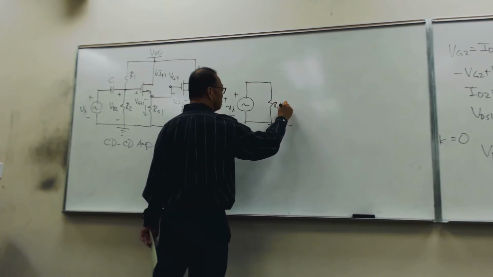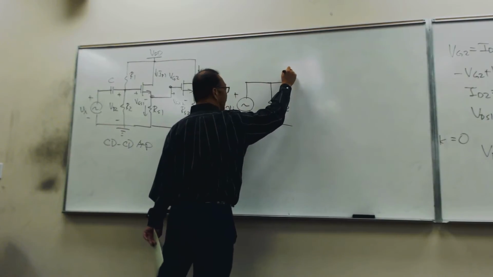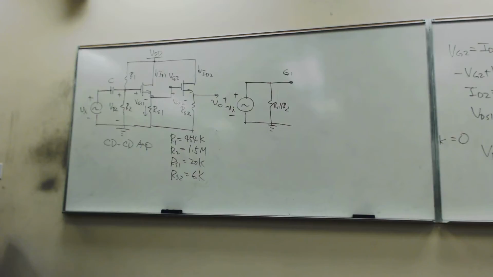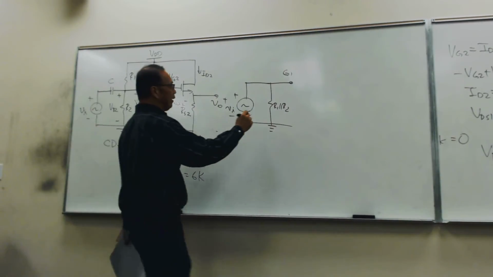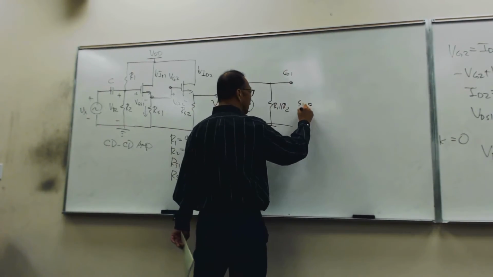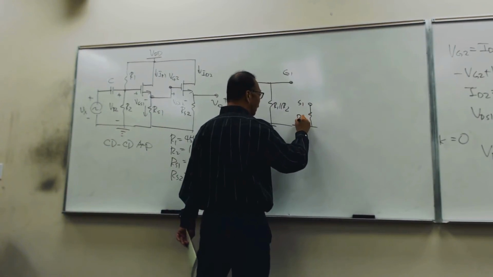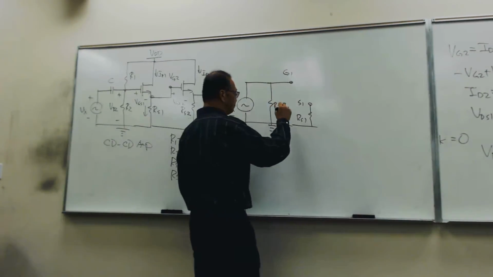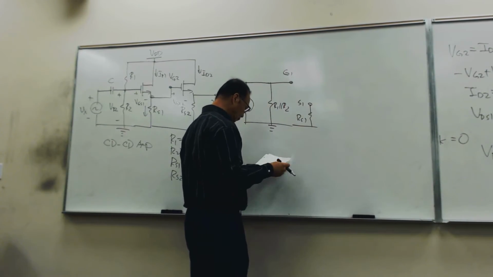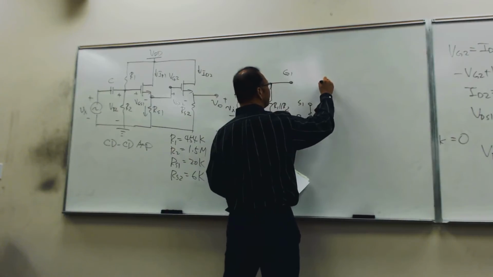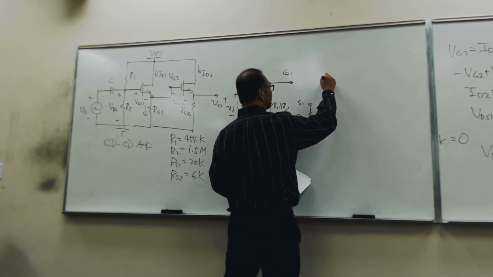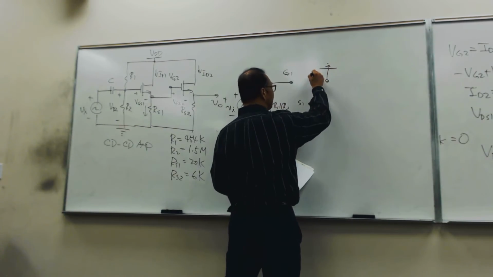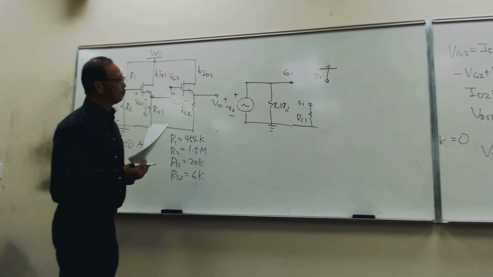R1 parallel R2, then this is the gate 1, yes? Source 1, RS1 to the ground, yes? And then to the ground, that's D1.